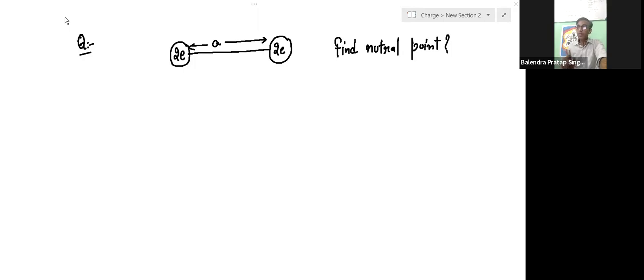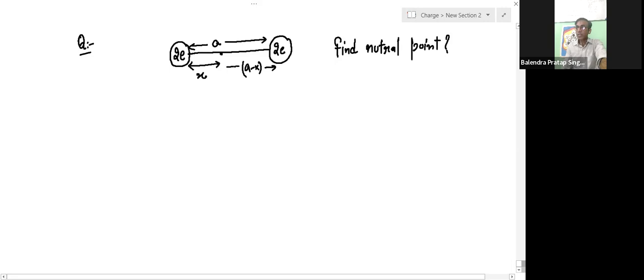Again, in this problem, these are two charges, both positive, plus 2e and plus 2e, so they will apply equal and opposite force. That's the important point. Suppose I'm considering the neutral point somewhere here, separated by distance x from one 2e charge, and a minus x from the other 2e charge.